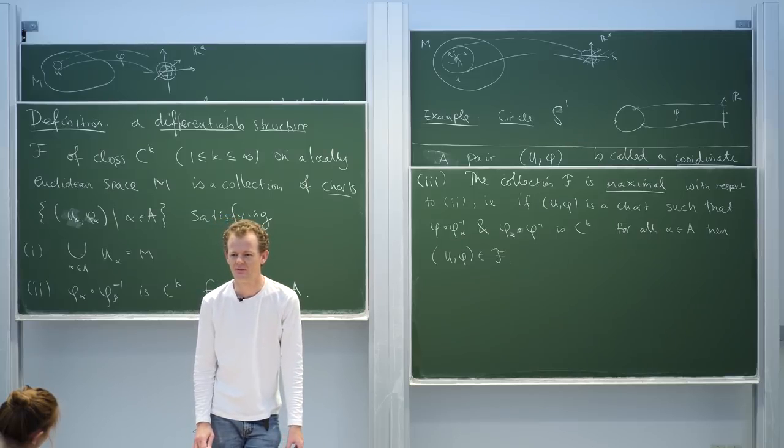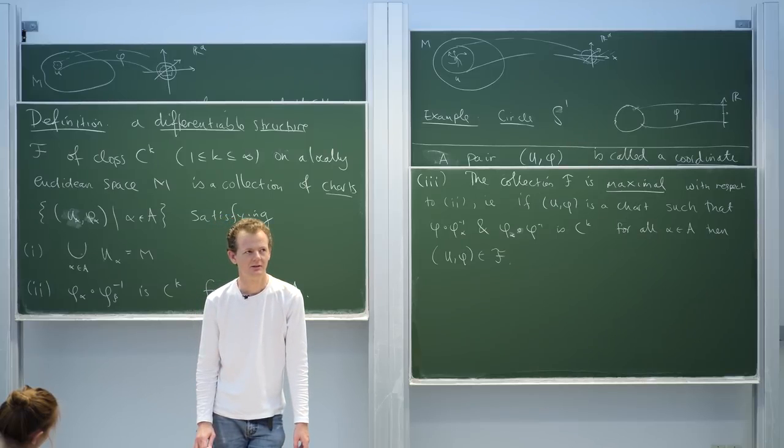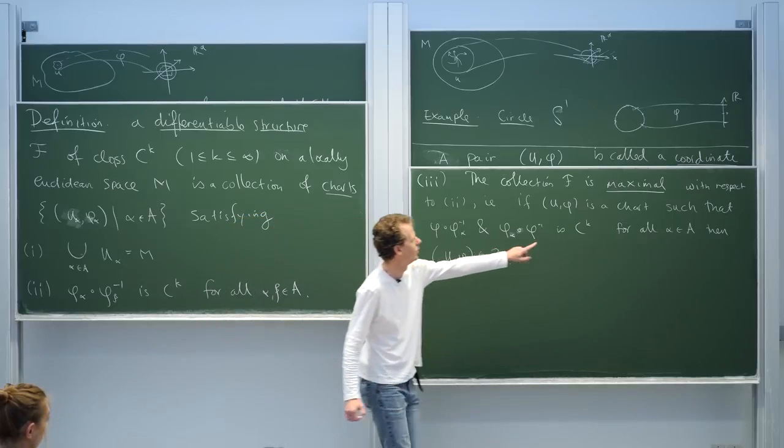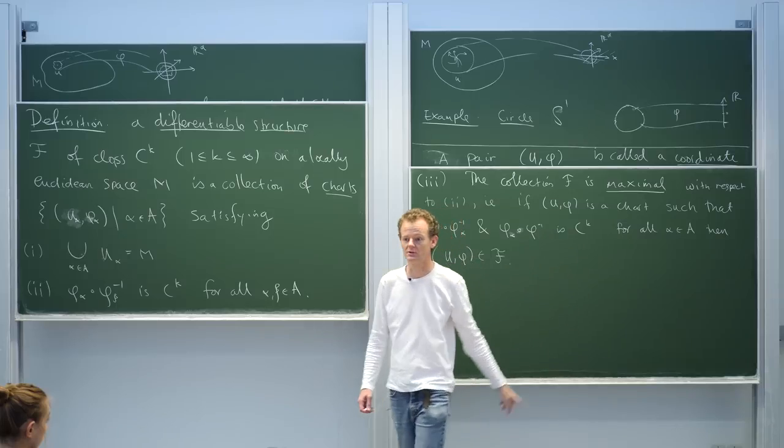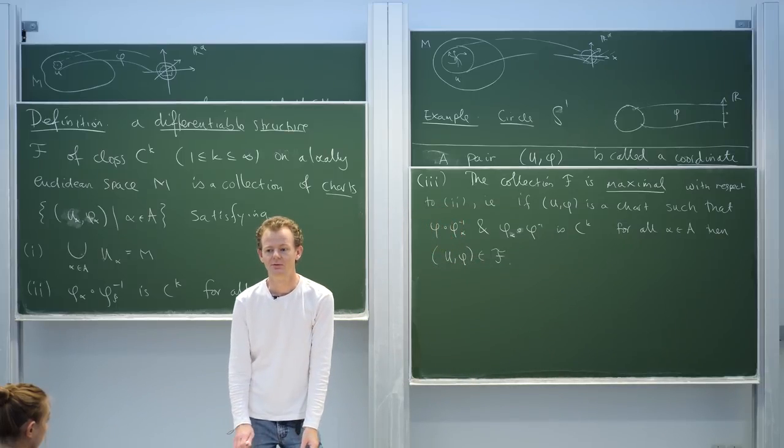Particularly when k is low. When k is like 1 and 2, you can get different structures. I will leave that as a very challenging exercise. This is not trivial.